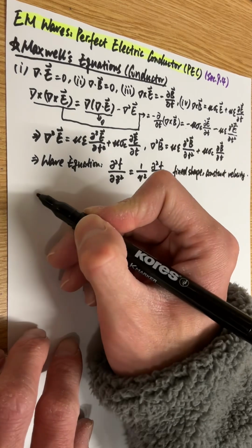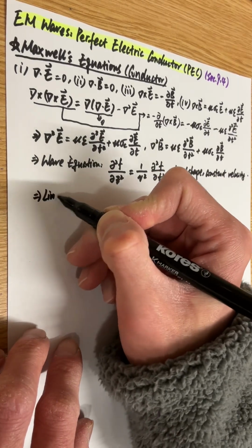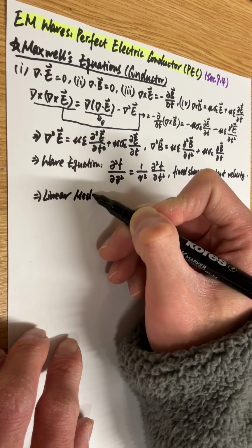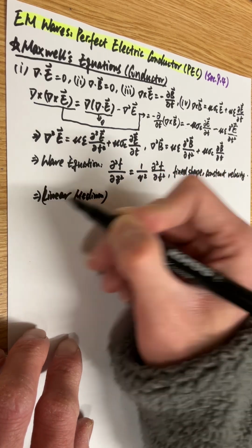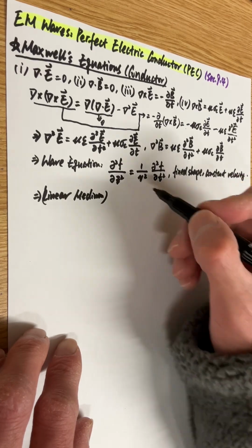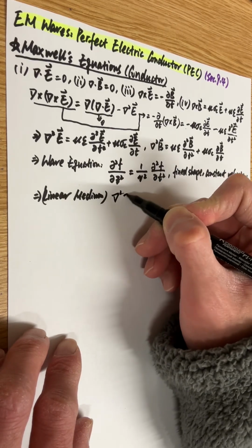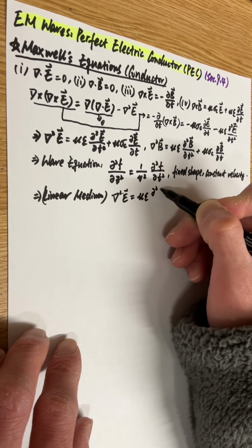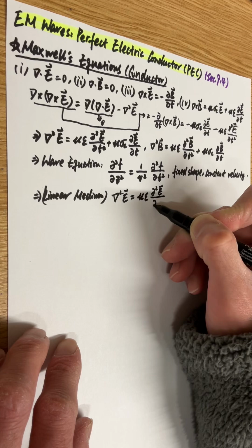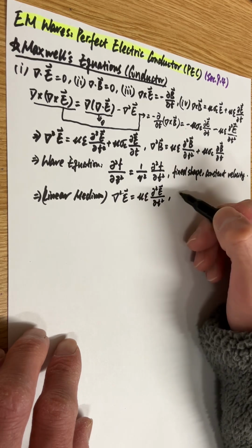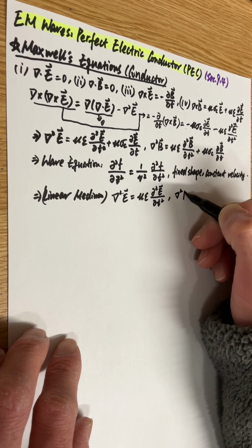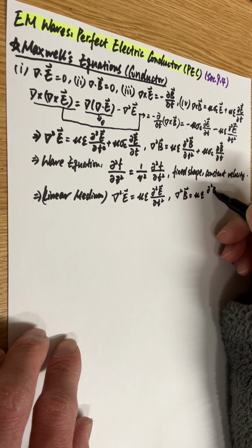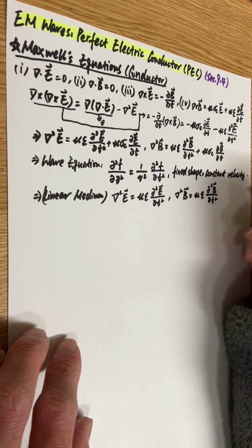So initially, in linear medium and also free space, we have Laplacian of E equals mu epsilon second derivative of E with respect to time, and we also have the Laplacian of B equals mu epsilon second derivative of B with respect to time.